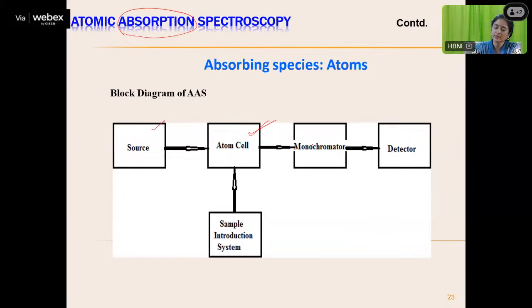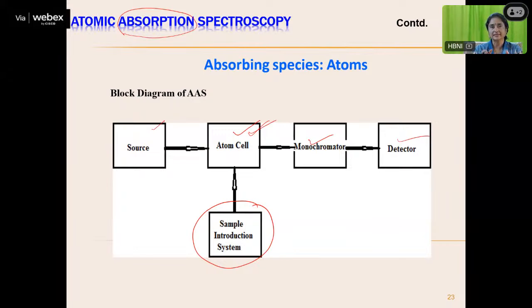Then a monochromator to select the particular wavelength, then a detector. And now a sample introduction system. Since it is atomic absorption, you need a specialized sample introduction system to produce atoms out of your sample. Say, for example, you are detecting iron. In normal molecular spectroscopy, iron will be detected as either an iron phenanthroline complex or an iron thiocyanate complex.